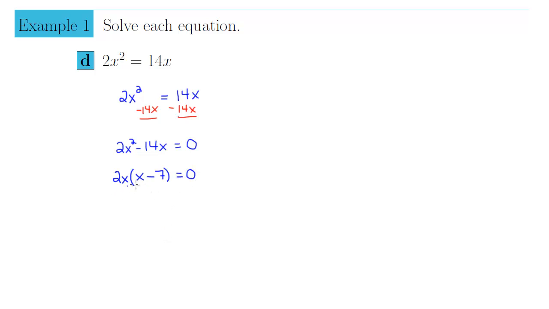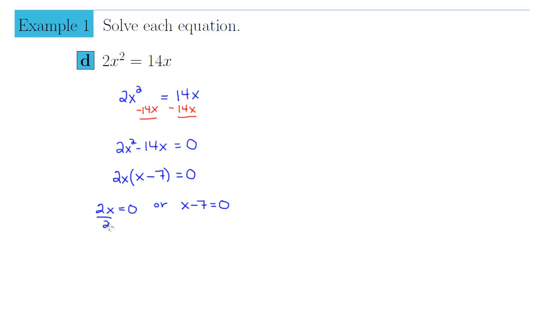We now have a product on the left side and a 0 on the right. We can apply the zero factor principle, which tells us that either the first factor, 2x, is equal to 0, or the second factor, x minus 7, is equal to 0. 2x will equal 0.